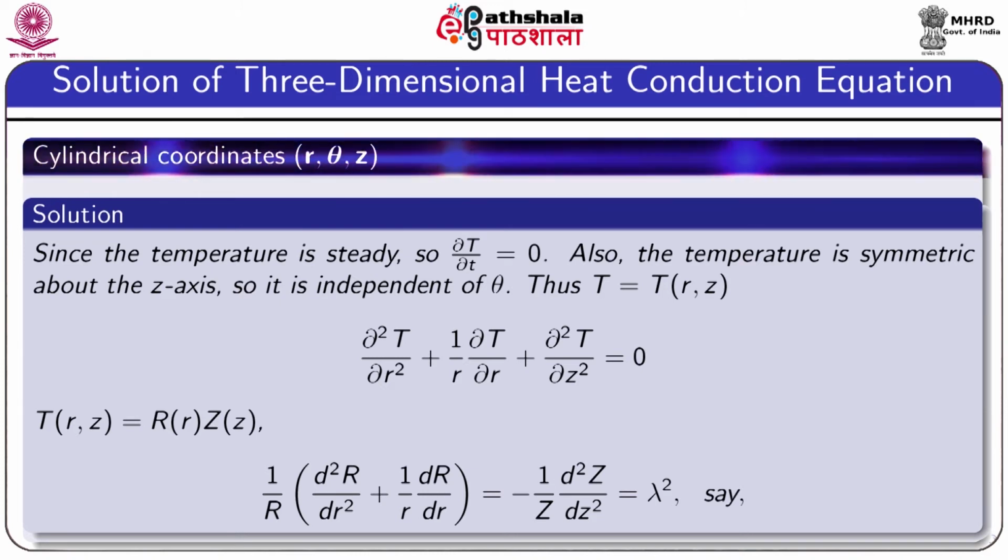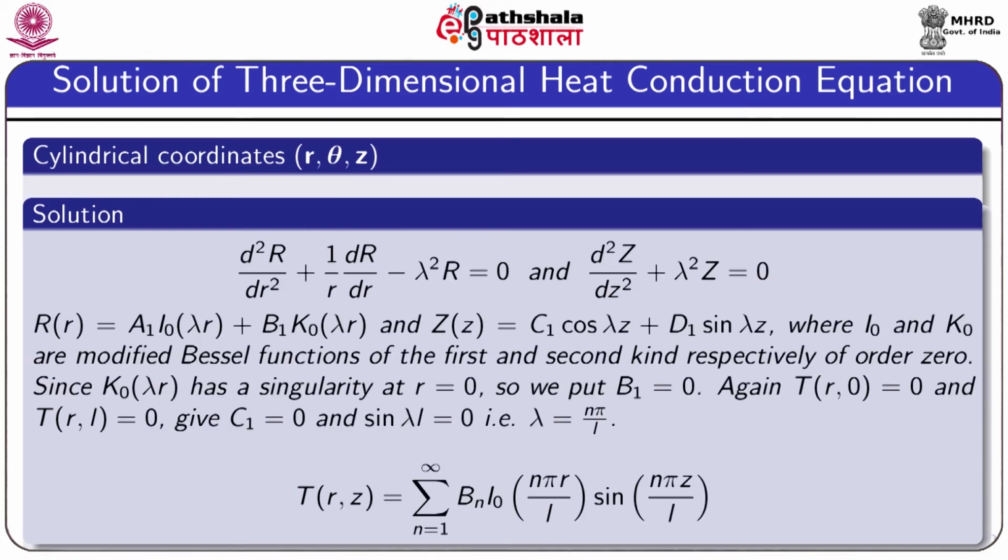First of all, we separate the function capital Z from capital R, taking lambda square as the separation constant, and we obtain the equations in capital R and capital Z, which are written in the first line of this slide.